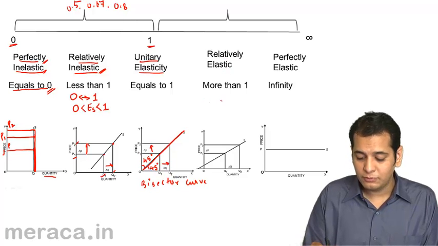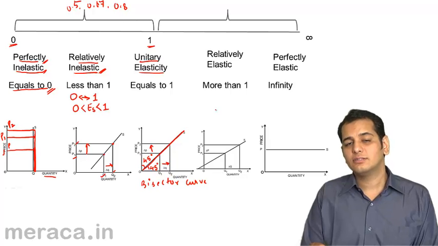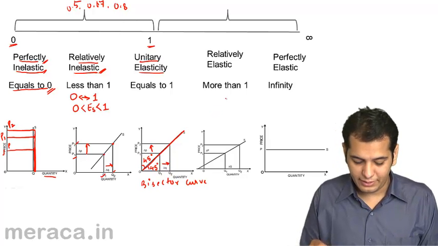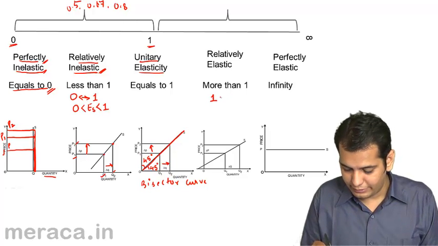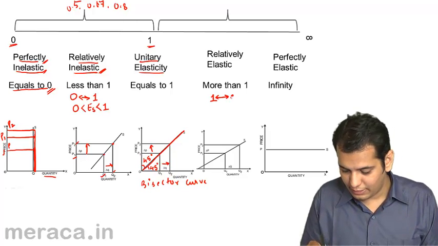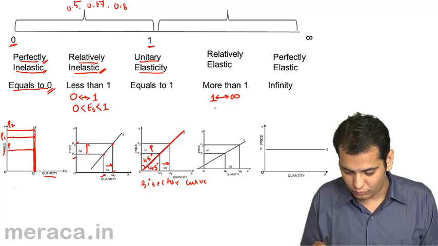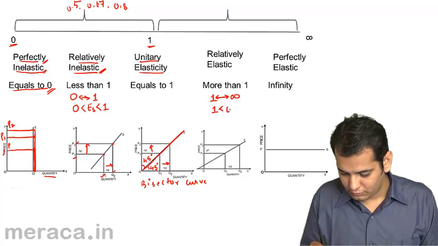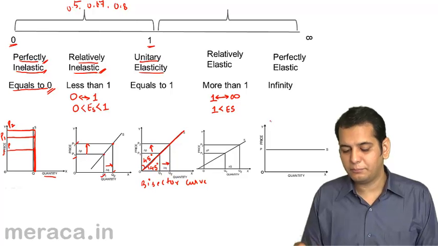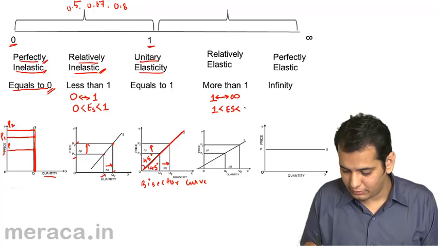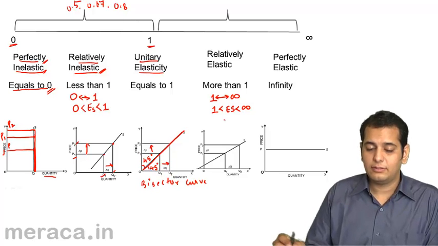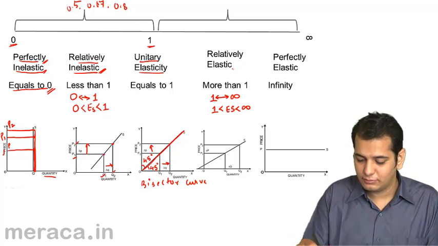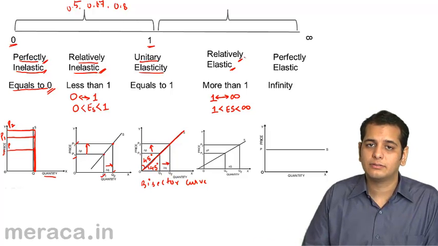Now let's assume that the answer you get for the elasticity of supply ranges between 1 and infinity, or elasticity of supply is more than 1 but less than infinity. If this is the case, we call it relatively elastic.